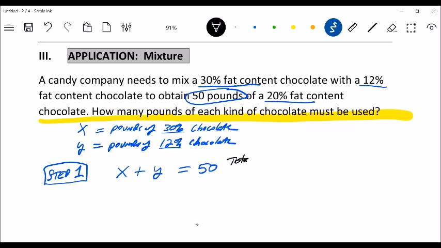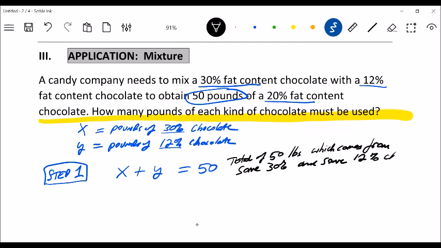It's a total of 50 pounds, which comes from some 30% and some 12% chocolates. So that's how we get that one.